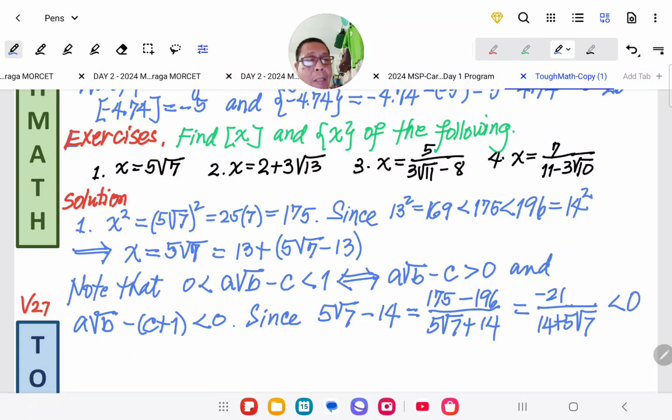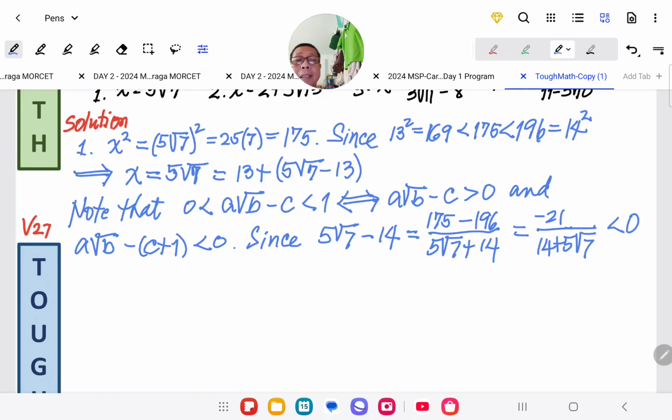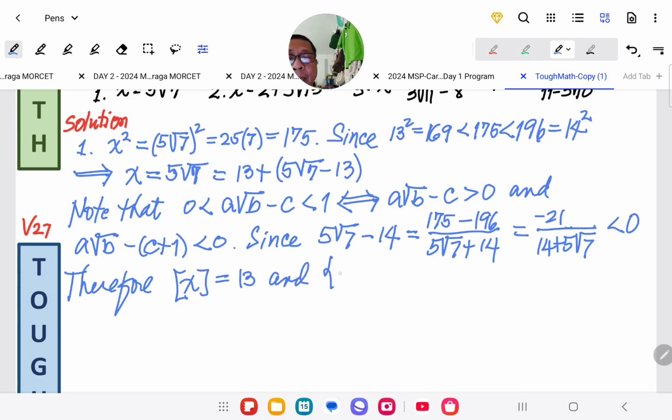So this is negative. So we are sure that 5 square root of 7 minus 13 is really between 0 and 1. Therefore, the greatest integer value of x is 13, and the fractional part of x is equal to 5 square root of 7 minus 13.